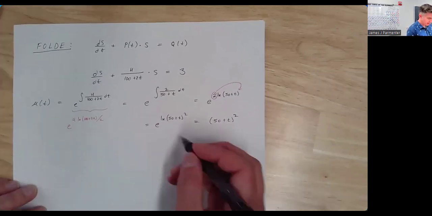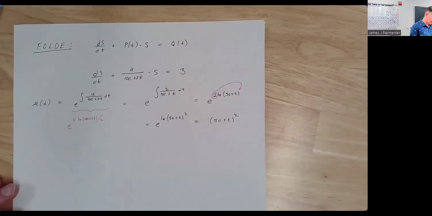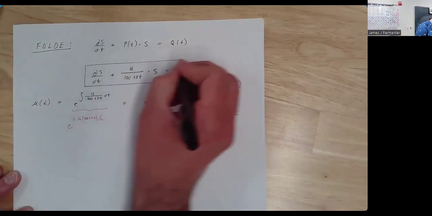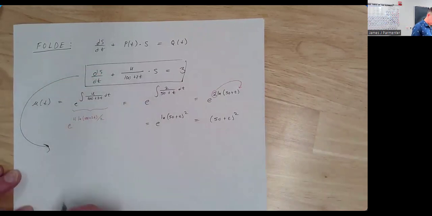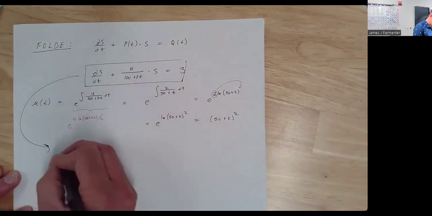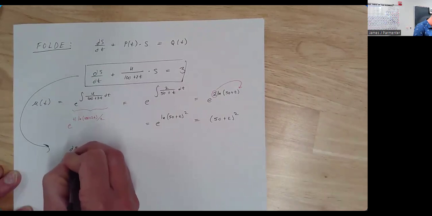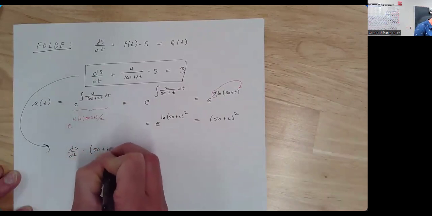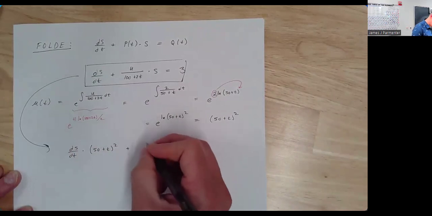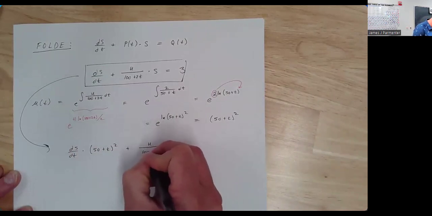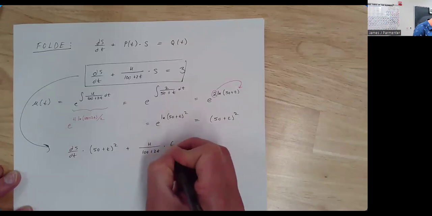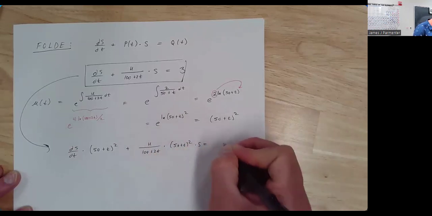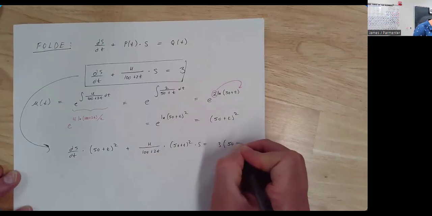Okay, we're going to multiply everything by this. So we have that equation here. Multiply everything by mu of t. So we get ds/dt times 50 plus t squared plus 4 over 100 plus 2t times 50 plus t squared times s is equal to 3 times 50 plus t squared.